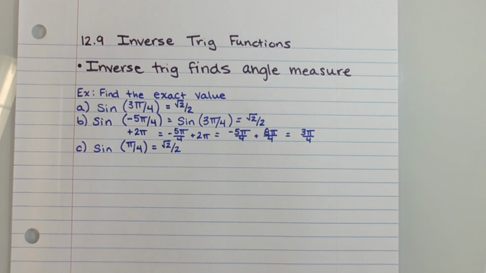But inverse sine of square root of 2 over 2 based on this wouldn't have one answer. I've got 3 answers listed. How many total should it have? It should have 1 if it's going to be a function. But if you do it this way, it's going to have an infinite number of answers.